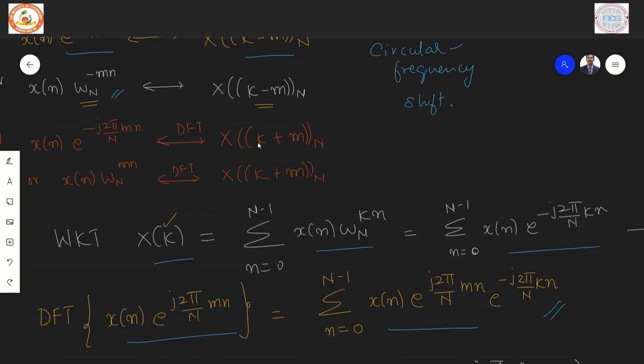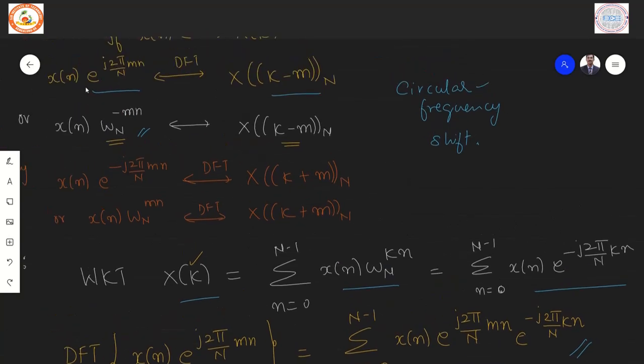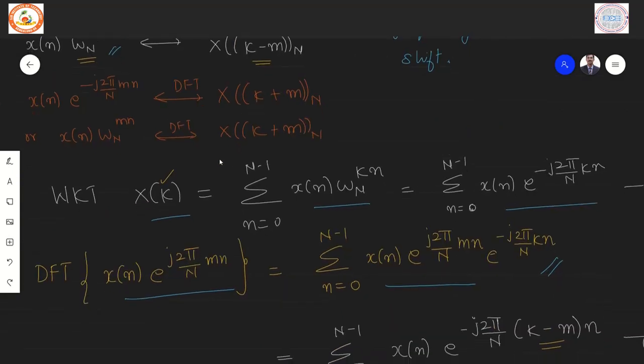Now, since we are looking for the DFT of x of n into e power of j 2 pi by capital N mn, let us do the substitution. So we replace x of n with that. Therefore, in the definition we have replaced x of n with x of n times e power of j 2 pi by N mn.